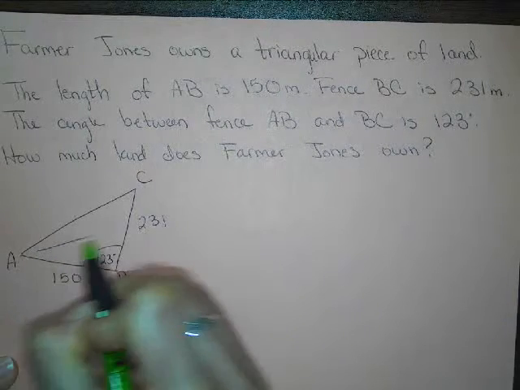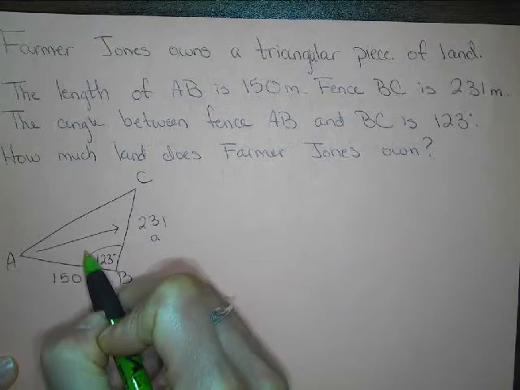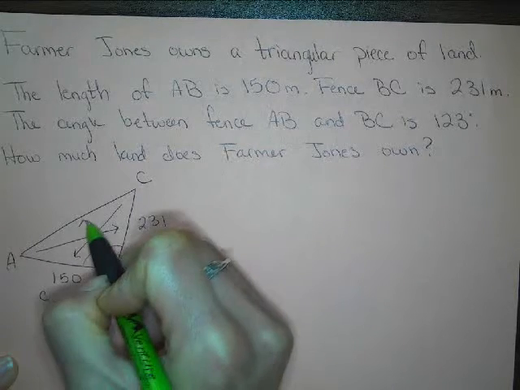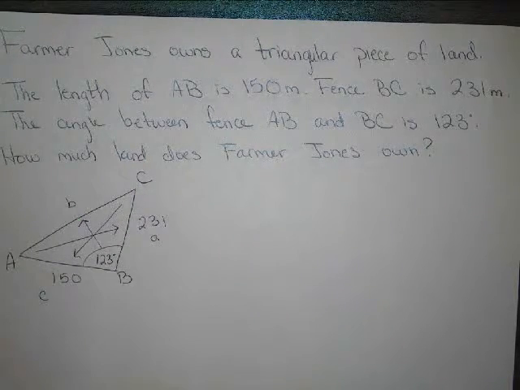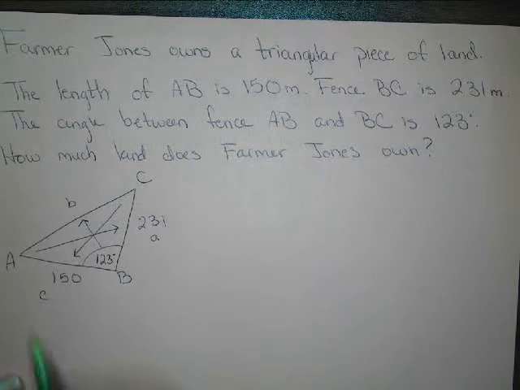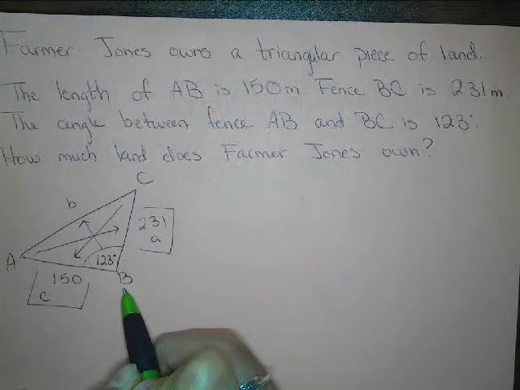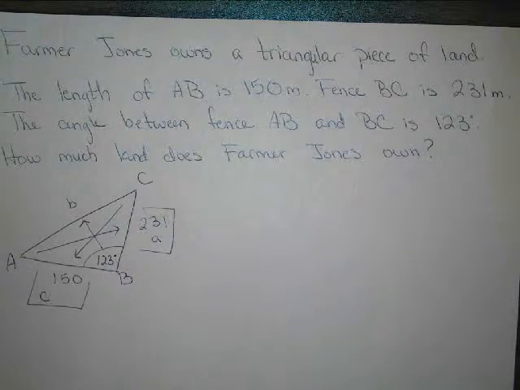Well, now I know across from angle A is side A, across from angle C is side C, and of course across from angle B is side B. I don't need side B in this one. I just need side C here and side A here, and the angle I'm using is angle B.